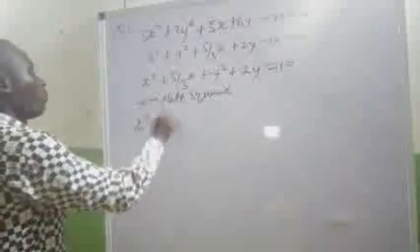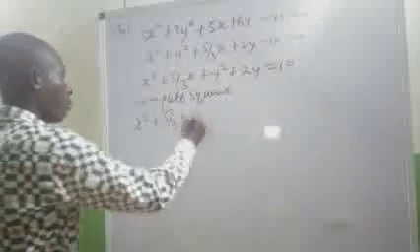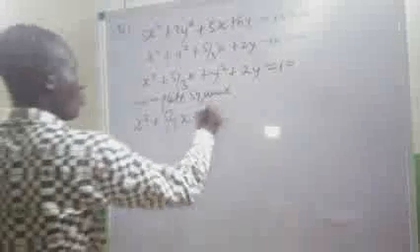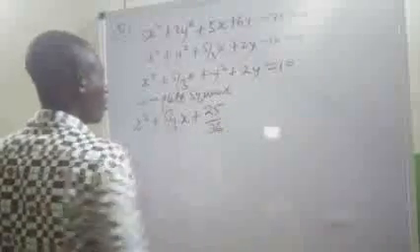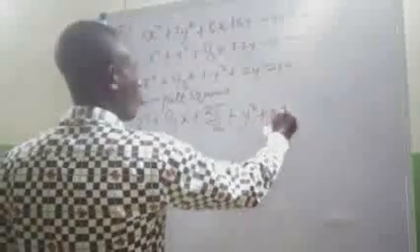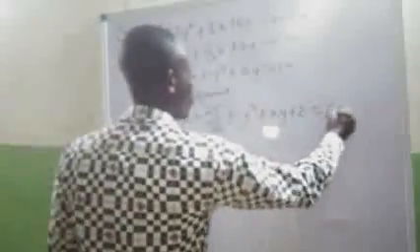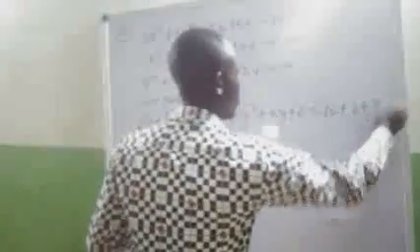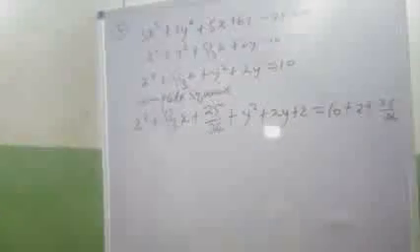So I have x squared plus 5 over 3 x plus, I have 25 over 36, if you use the formula, plus y squared plus 2y plus 1 will be equal to 10 plus 1 plus 25 over 36.